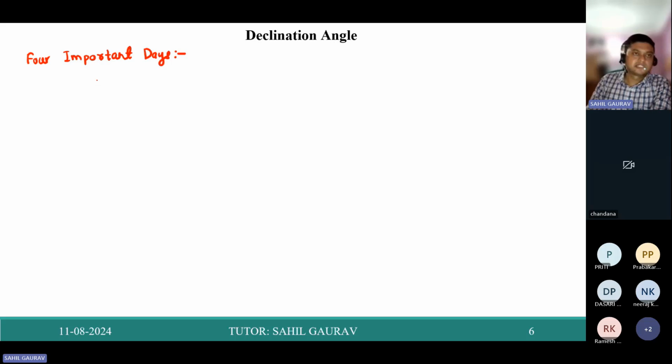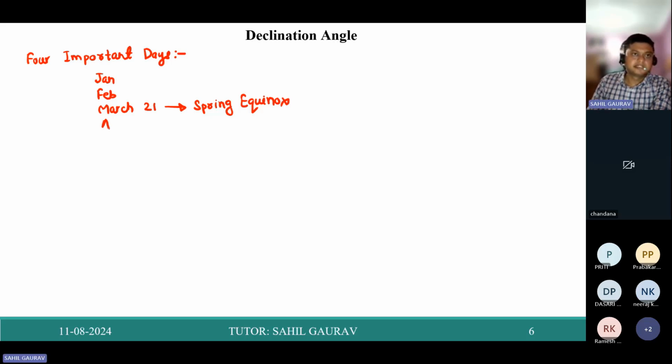So how can you remember? Starting from January, February, then we have March. So on March 21st, we will get the spring equinox, where the sun is directly in line with the equatorial plane.